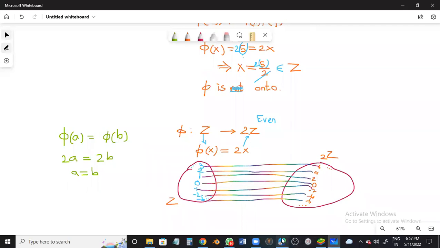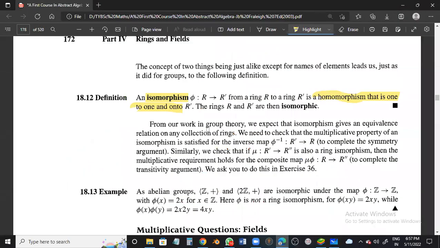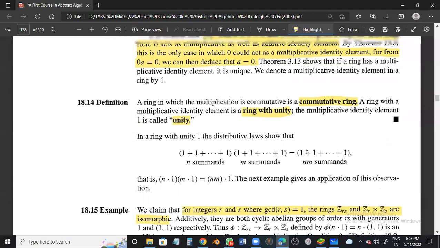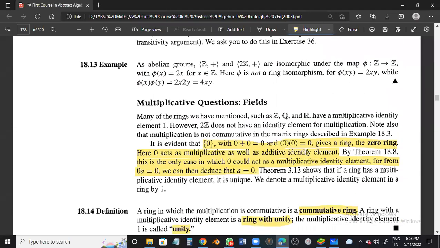We just dealt with the definitions of homomorphism and isomorphism today, and we just tried to have some examples based on it. Now let us move to a further concept, that of a zero ring, and then we'll stop. What I mean by zero ring: suppose I have the singleton set 0, naturally addition works over there. 0 plus 0 is 0 back. 0 into 0 is again 0.